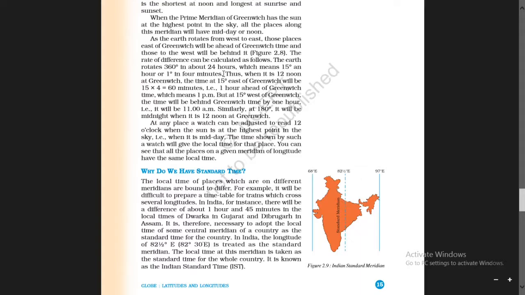Calculation, be clear here. When it is 12 noon at Greenwich, the time at 15 degree east of Greenwich will be 15 into 4 is equal to 60 minutes.